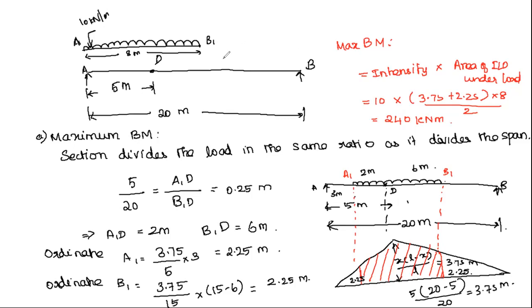So second subdivision is to find out the maximum positive shear force. We have to find where we will obtain the maximum positive shear force. So maximum positive shear force occurs when we place the tail at the end of the section. We know this.